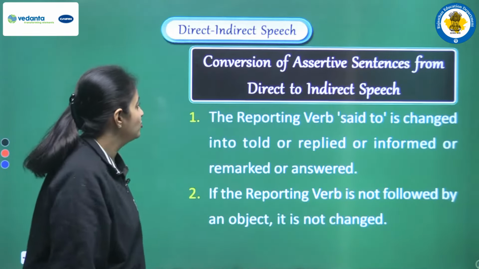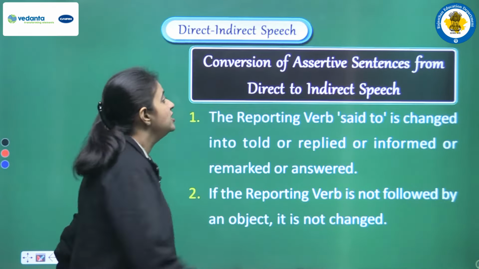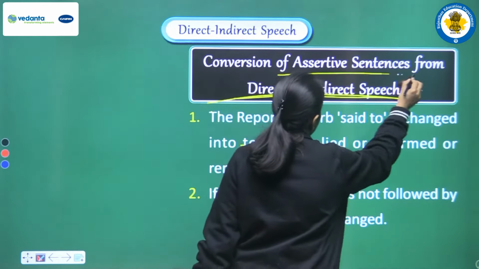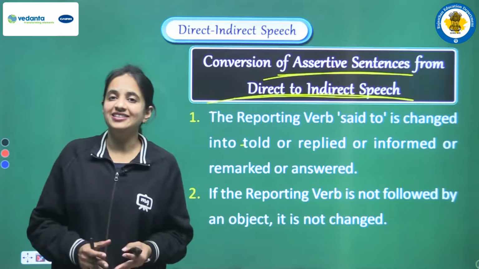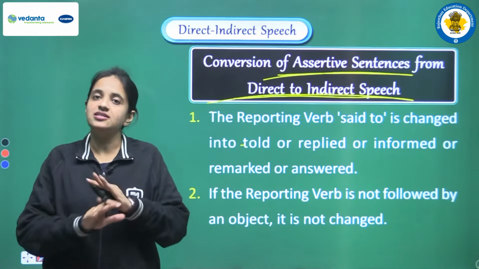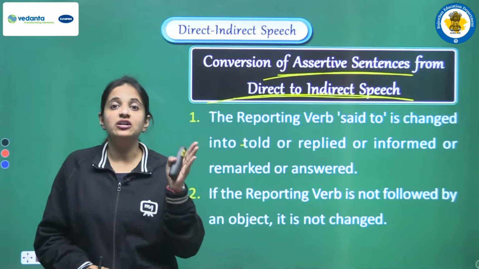Clear? So now the point is the conversion of assertive sentence from direct to indirect speech. We are talking about only and only assertive sentence. First of all let's clear what assertive sentence means. An assertive sentence means a simple statement sentence. It means at the end of the sentence there will be one full stop.